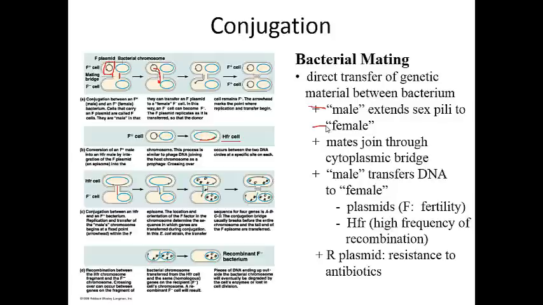Another plasmid that we're going to see exchanged between bacteria that's of particular importance is a plasmid called the R plasmid. The R plasmid contains genes that allow the bacteria to become resistant to antibiotics. So here you saw the three methods by which genetic information can be directly transferred from one bacteria to another bacteria.